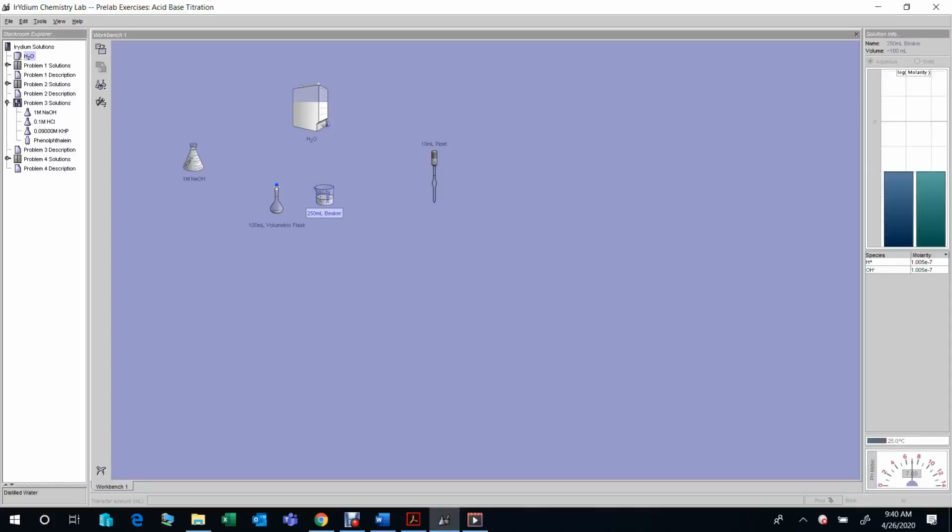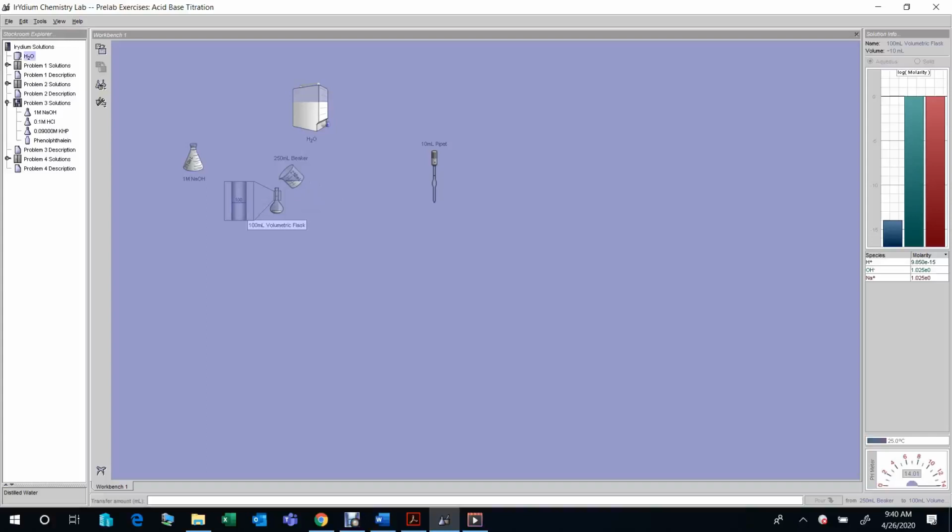We need to pour about 90, but when we do pouring, we cannot input 90 here, right? Pouring from a beaker cannot reach that level of accuracy. If we set up 90, it's very likely that we can overshoot, and this system will not allow us to do so.